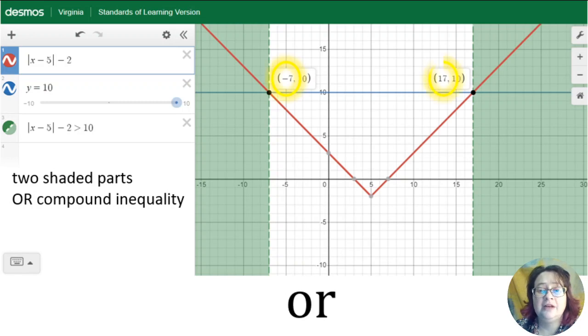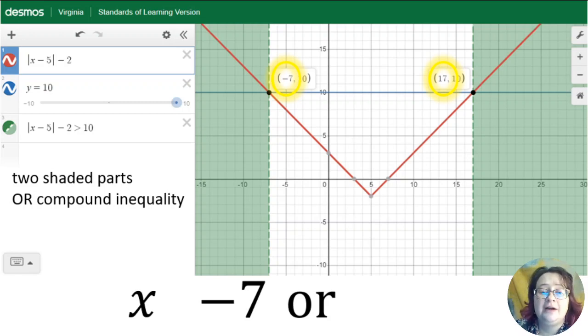I see I have an intersection here where X is -7 and another intersection at 17. So those are the numbers I'm going to look at. Let's look at -7 first. I'm going to write X and -7, and I'm going to leave a space in the middle for my symbol. Now, if I look at that left side and where it's shaded, if I'm looking at where it goes off of the screen, it's going towards the left.